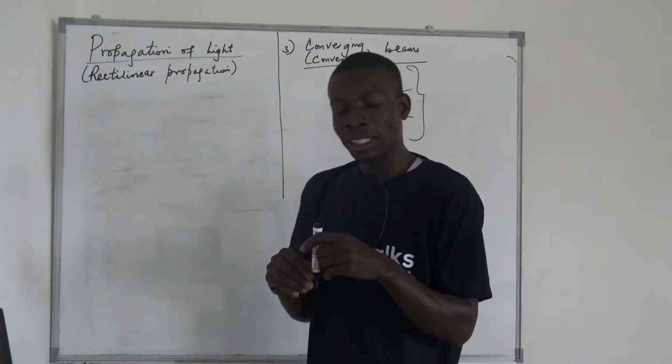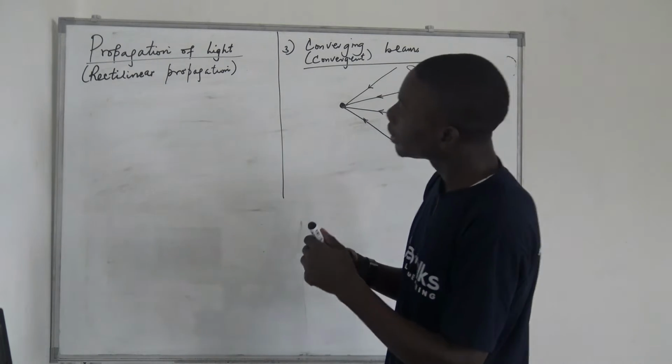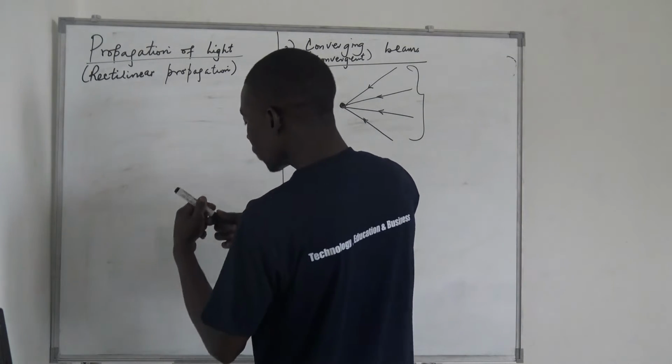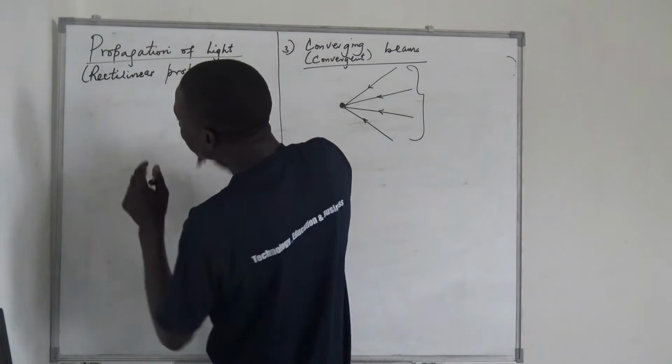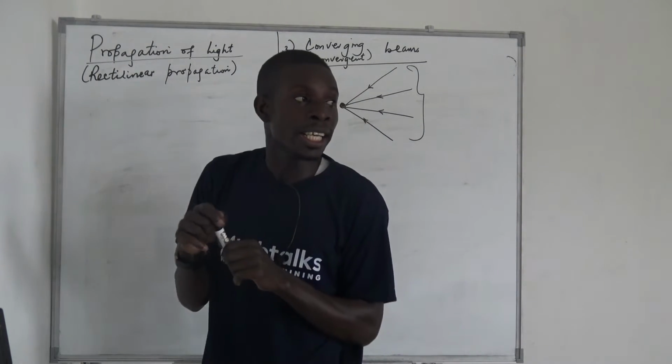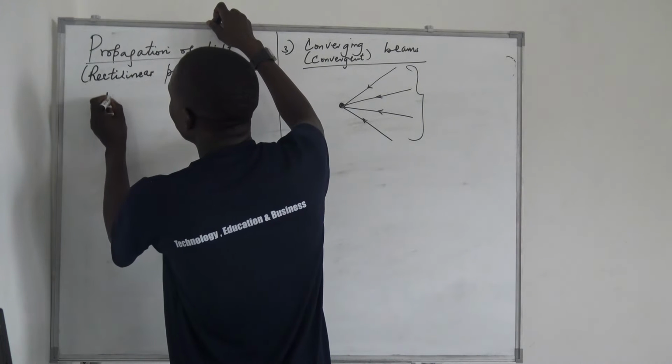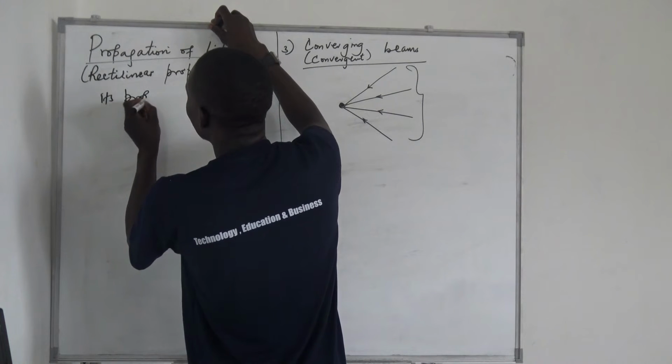Is that in a straight what? Line. It is the property of light which states that light travels in a straight line.